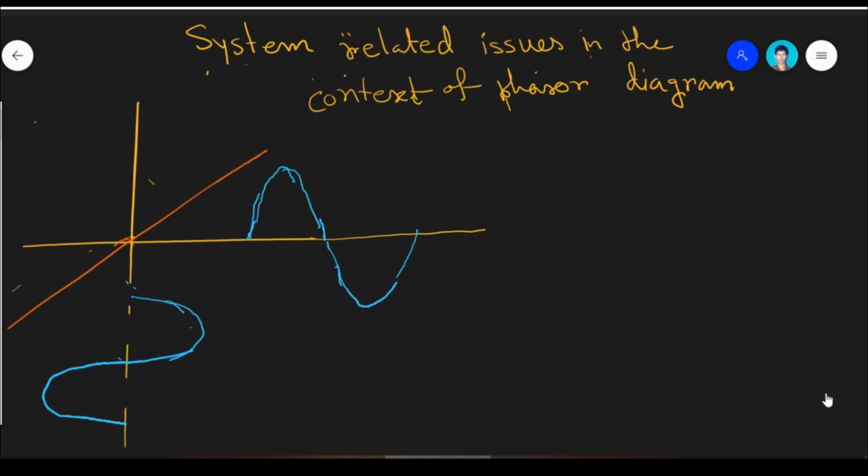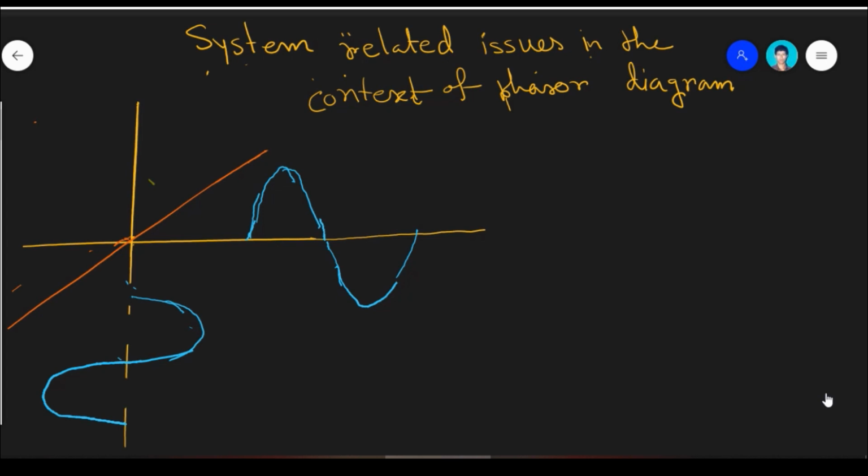So when we are considering only sinusoidal input, it is pointless to consider a system with any generic input. Here we will consider everything in terms of sinusoidal input, right?